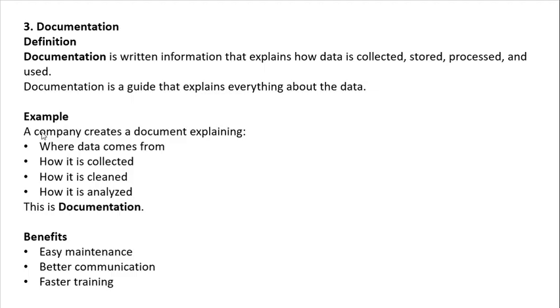For example, companies create documents explaining where the data came from, how it was collected, how it was cleaned, and how it was analyzed. The benefits are easier maintenance, better communication, and faster training.